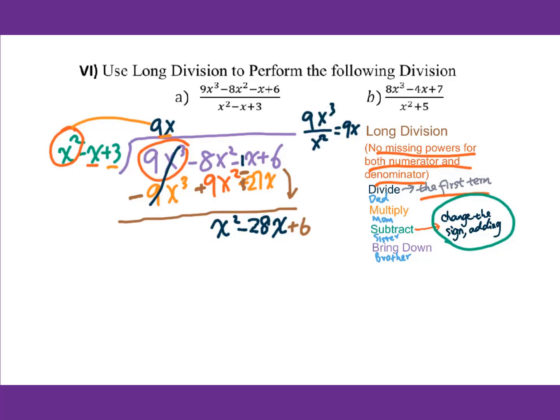We do divide again. This time, first term is x squared divided by x squared equals to 1. So plus 1. Then drop down this x squared. Then we keep doing this multiplication. Negative x times positive 1, you get the negative x.